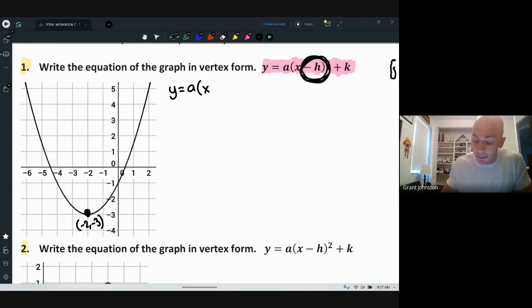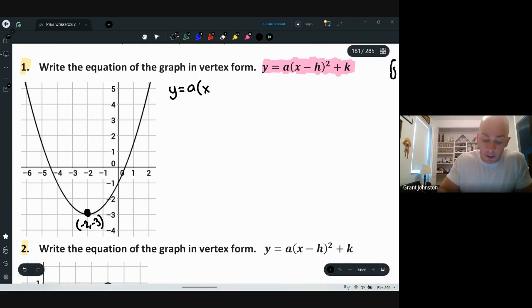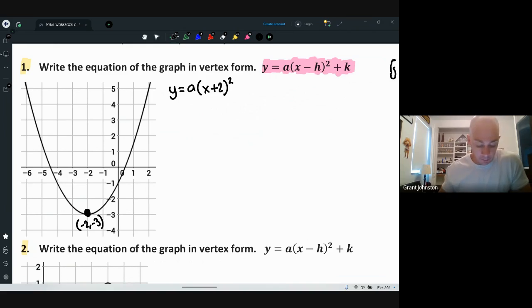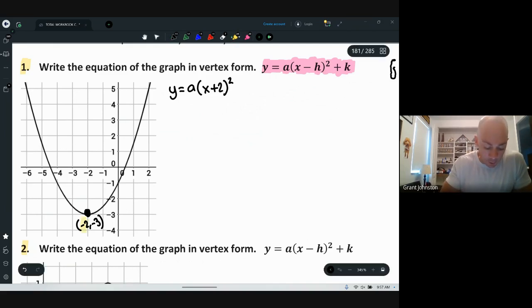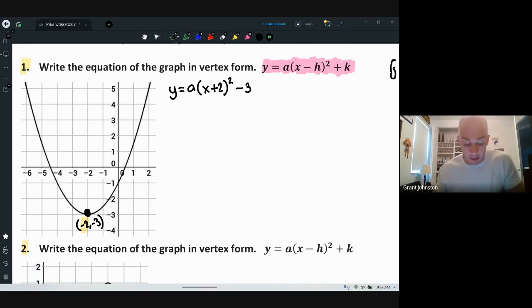You have to do the opposite of h, which would be +2, squared, because h was -2. Then -3 because that's our k. Remember, this is h, this is k down here. Do the opposite of h, and whatever k is goes outside the parentheses.